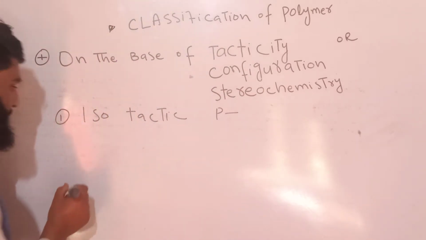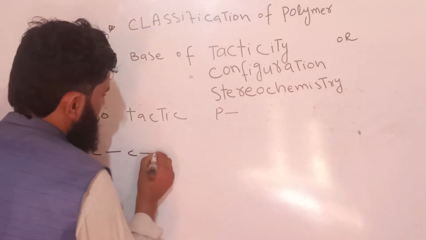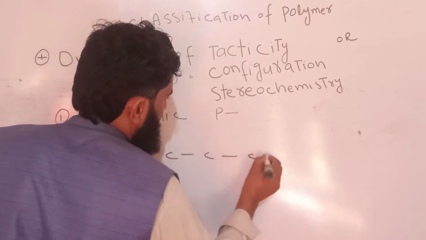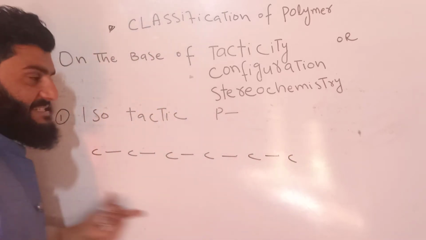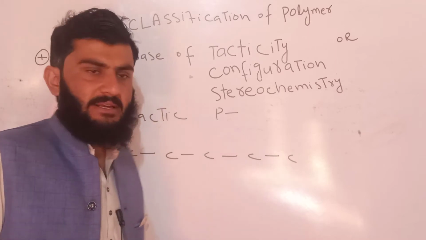So for example, this is a polymer made up of monomers. Clear?